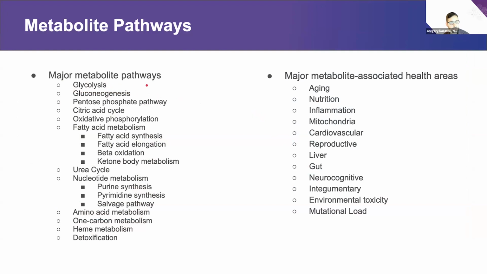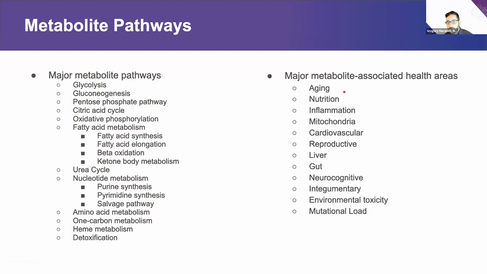So glycolysis, which is breaking down sugar, gluconeogenesis, converting amino acids into usable forms of energy, pentose phosphate pathway to generate NADPH, citric acid cycle, oxphos, this is within our mitochondria to generate energy or ATP, fatty acid metabolism, so making it, breaking it down, forming ketones, urea cycle, or our ability to get rid of excess nitrogen, nucleotide metabolism in order to make our backbone for our DNA, amino acid metabolism, one carbon metabolism, this is the methylation cycle I discussed last week, heme metabolism for red blood cells, and then detoxification. So these are just some major metabolite pathways.